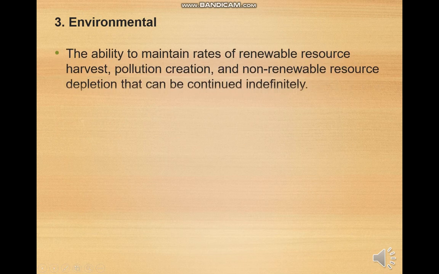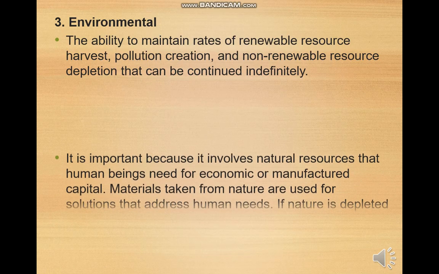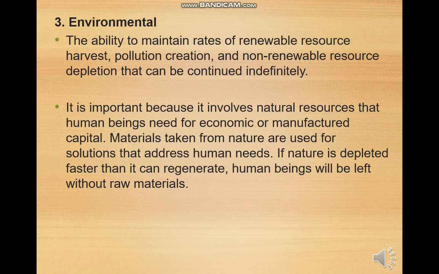3. Environmental. The ability to maintain rates of renewable resource harvest, pollution creation, and non-renewable resource depletion that can be continued indefinitely. It is important because it involves natural resources that human beings need for economic or manufactured capital.